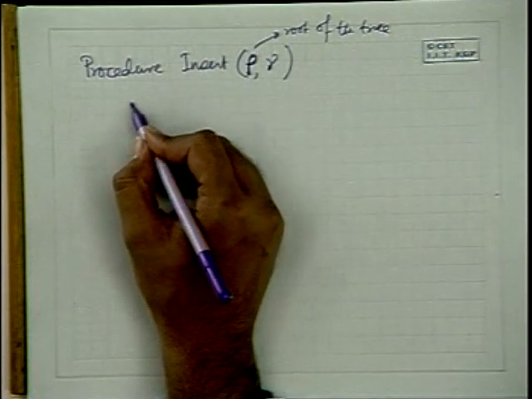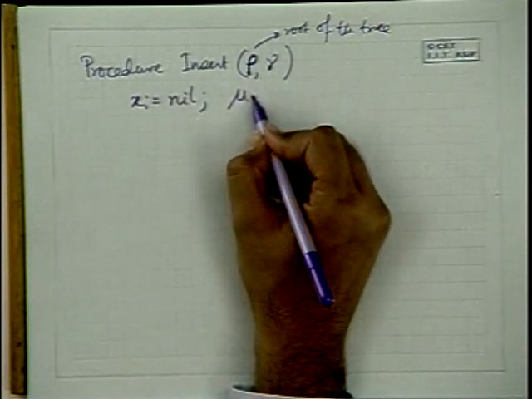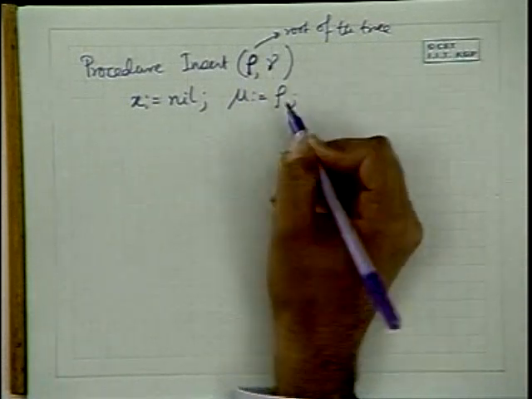So initially I just use a variable x equal to nil, y is set to root.